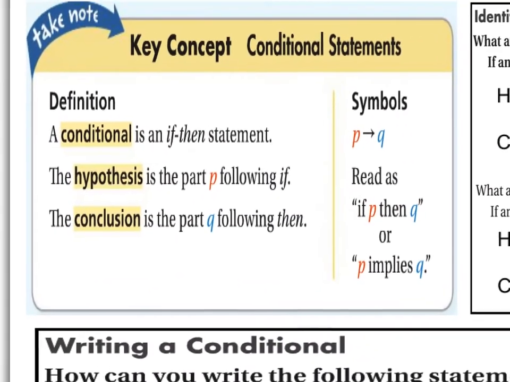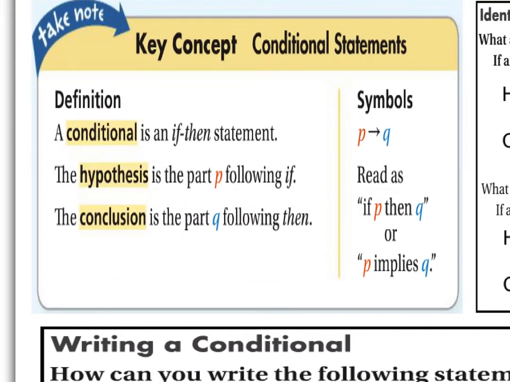A conditional statement is an if-then statement. So if this thing, then this thing. If one thing happens, then this thing's going to happen. The hypothesis is the part P, or the part that follows the word if.